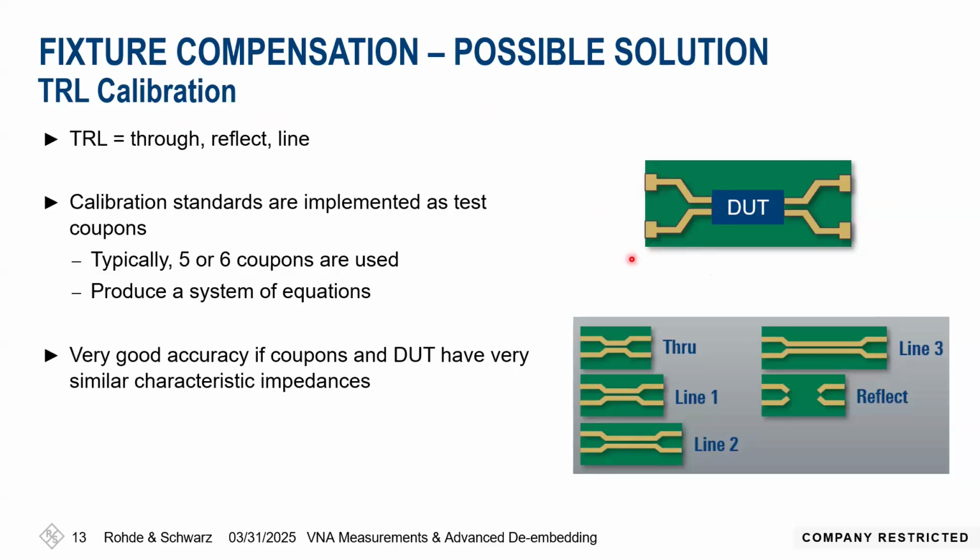And these standards need to be very similar in characteristic to the actual fixture plus DUT. If there are any differences in the impedance, this TRL calibration does not give accurate results.